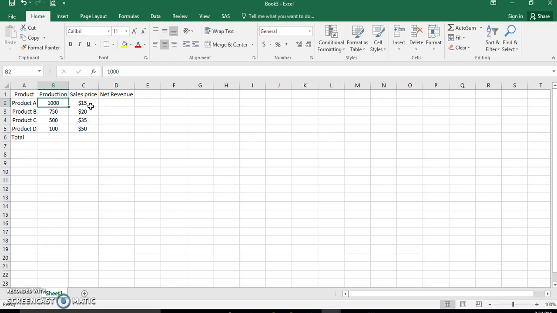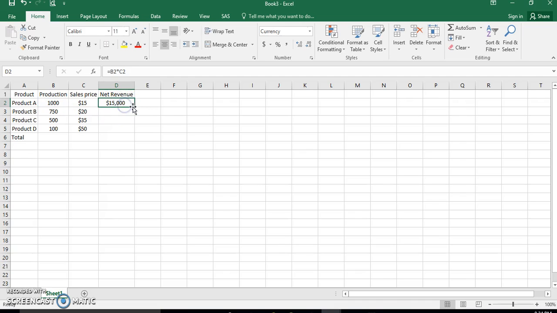And the sales price for each is 15, 20, 35 and 50 respectively. Now what will be our net revenue? Net revenue will be the number of units sold and the unit sales price. So that means cell B2 multiplied by cell C2 to get the net revenue of product A.